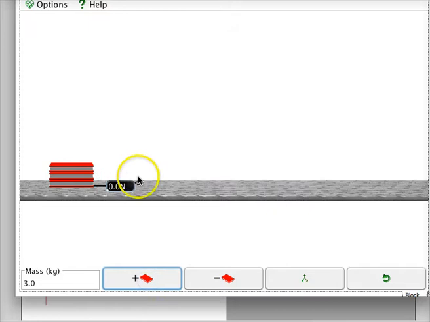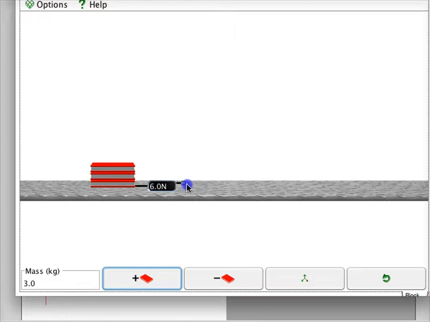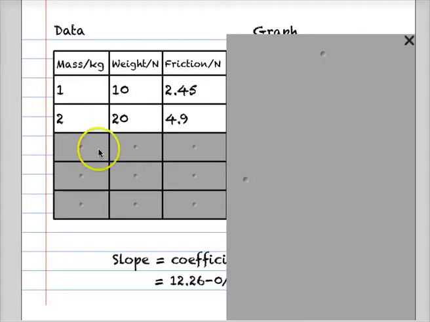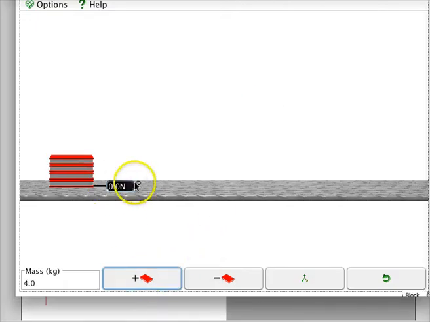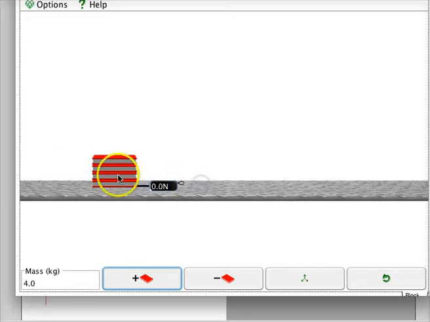Add another book, and again drag, 7.36. Again notice that the force goes above 7.36 before it starts moving. 3, 30, 7.36. Add another book, 9.81.